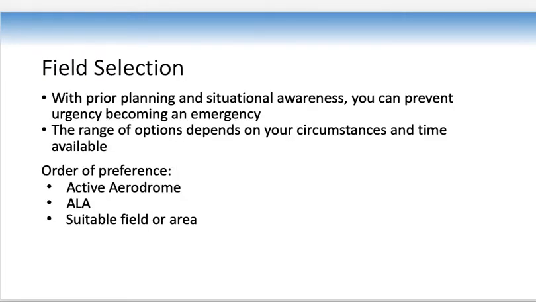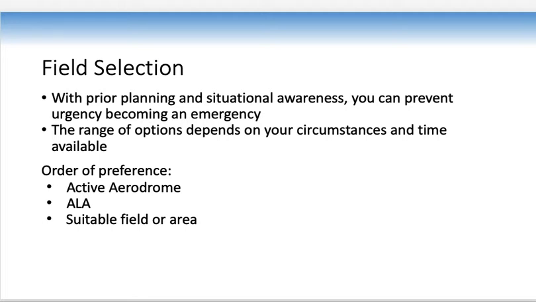So, field selection. With prior planning and situational awareness, you can prevent urgency from becoming an emergency. Many pilots have pushed on, hoping things will get better, but things don't get better, they get worse. The range of options depends on your circumstances and time available.